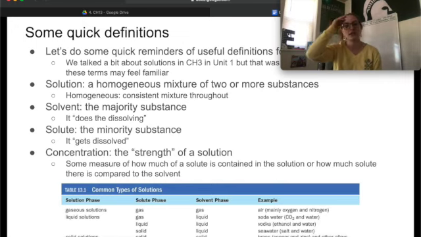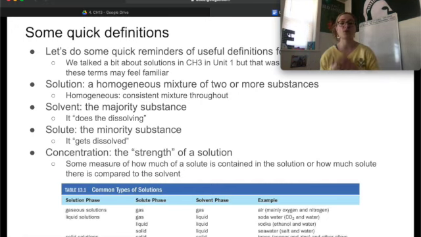We got to do some quick reminders here. We did talk a little bit about solutions in Chapter 3 in Unit 1, but that was a while ago, so some of these terms may be familiar, and I just want to jog your memory about them. For Chapter 13, what we're going to consider to be a solution is a homogeneous mixture of two or more substances.